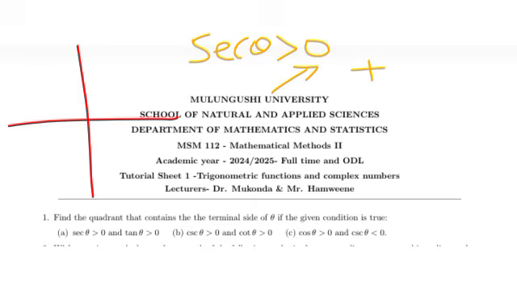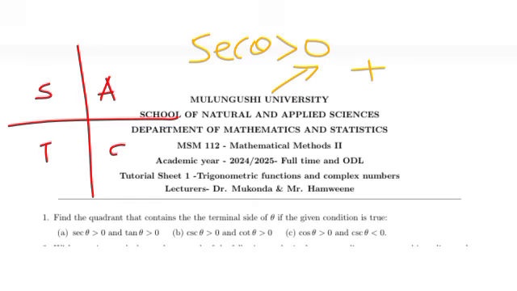Okay. So meaning, let us draw our x and y planes, and see how the quadrants are. In which quadrant is sec theta positive? Here it is O, here it is only sine, here it is only tan, and here it is only cos.